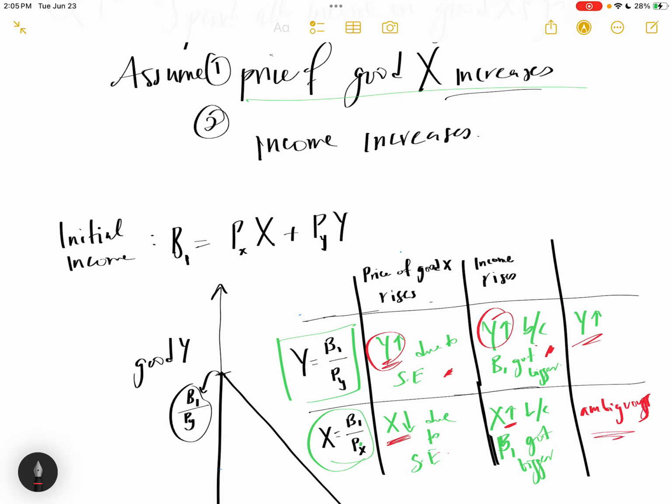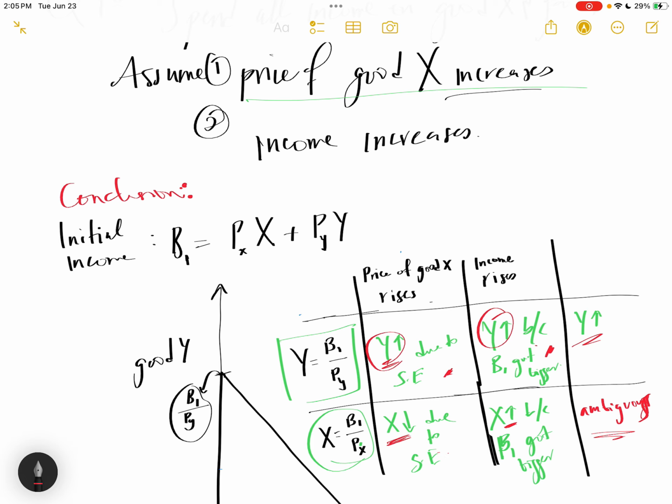Well, so what is the conclusion? The conclusion here is that the units that the consumer could purchase of good Y has increased, right? So this is coming from a multiple choice question.